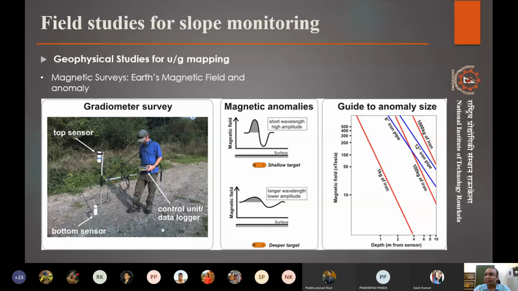On the left, you can see the kind of manual walking surveys that can be done, which has two sensors and can detect how the magnetic field is changing with the movement on the surface.